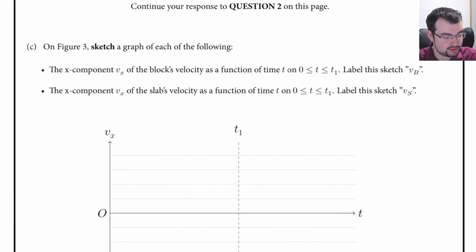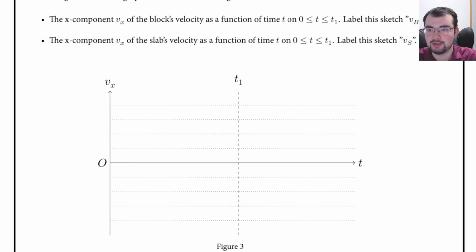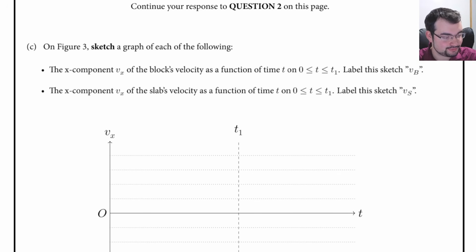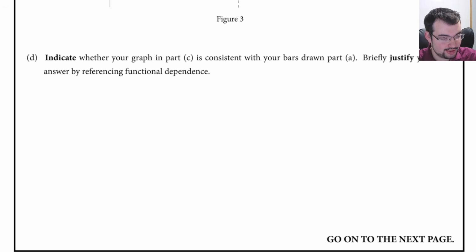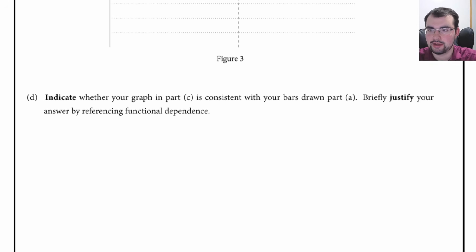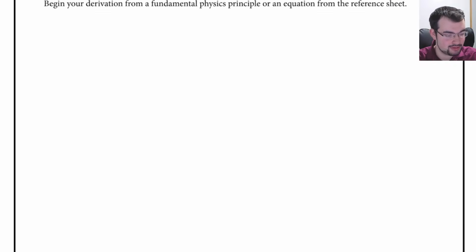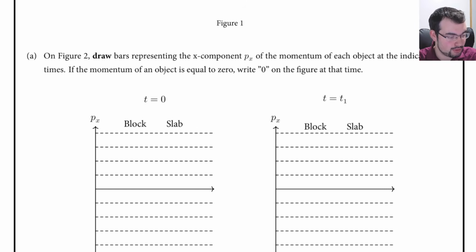Part C wants us to graph the velocity of each object as a function of time, just during their sort of descent. And then part D, it's the classic, do parts A and C agree with each other? So we get the agreement variation of the TBR first. All right, so let's start with momentum.